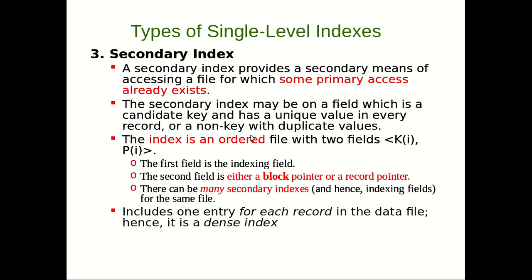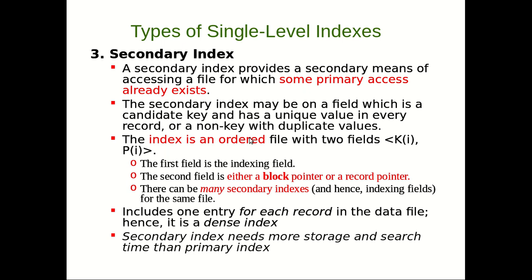It includes one entry for each record in the data file. Hence it is a dense index, not a sparse one. That is, for every record in the data file, there should be a corresponding entry in the index file. That is why it is a dense index, not a sparse one like the primary or the clustering index.